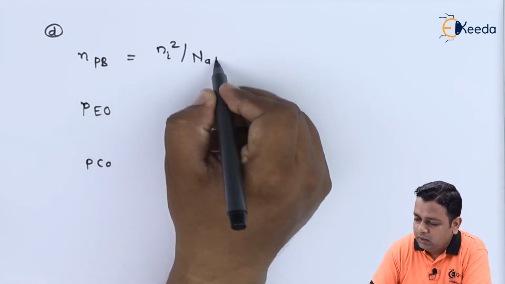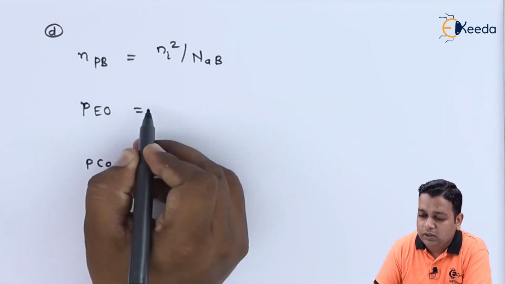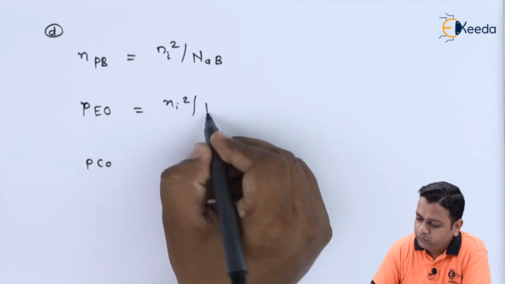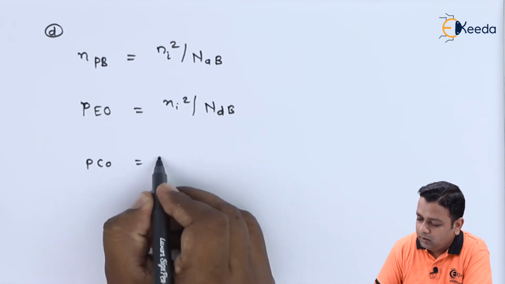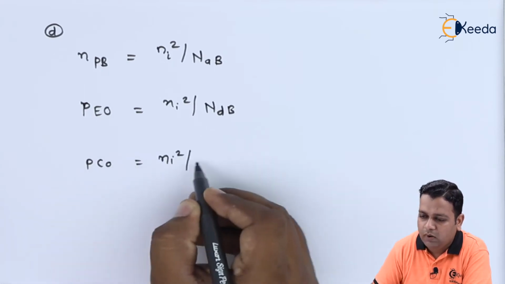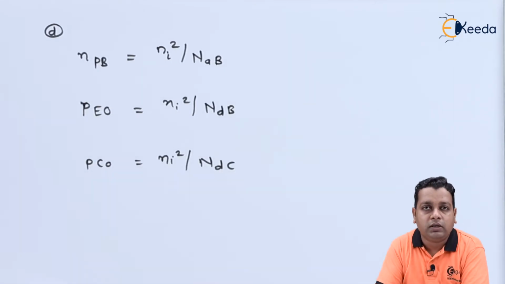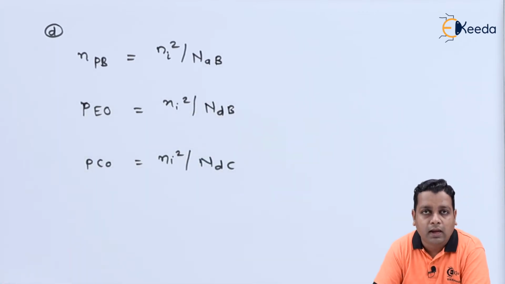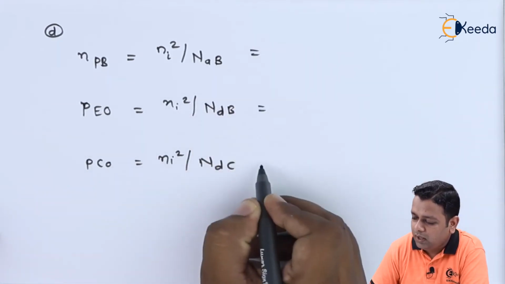So it will be n_i squared divided by N_aB for the base. For the emitter, we have n_i squared divided by N_dE, and n_i squared divided by N_dC for the collector. The differentiation between D and A is for the donor and acceptor type of impurities. Now we can make the substitution of values.